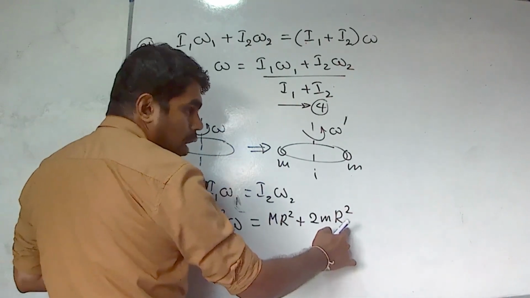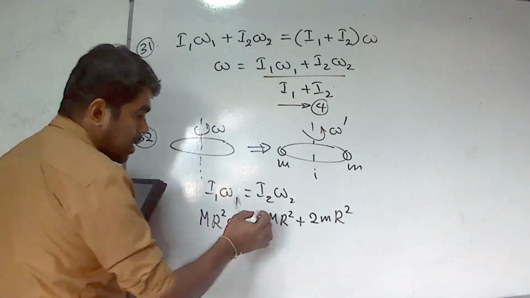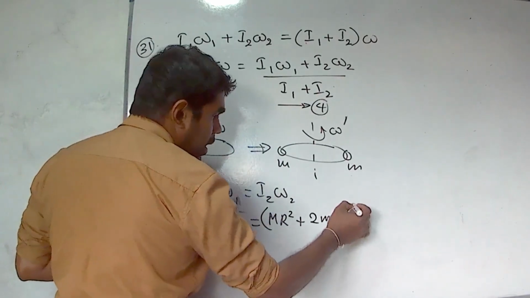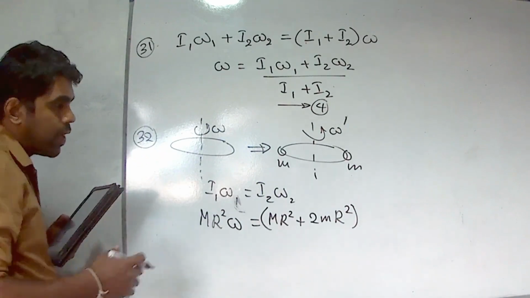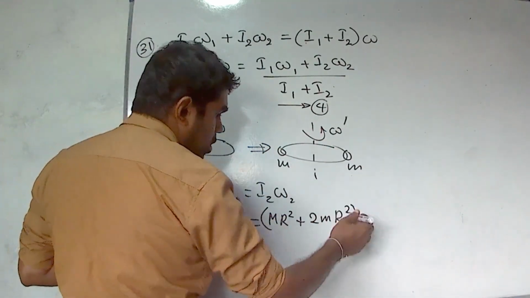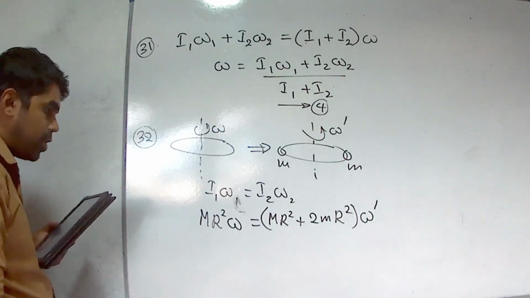Small m r squared is the moment of inertia of one point mass. Then we have to multiply by 2 to get the total moment of inertia of the small m masses. Then I will consider final angular momentum with omega dash.